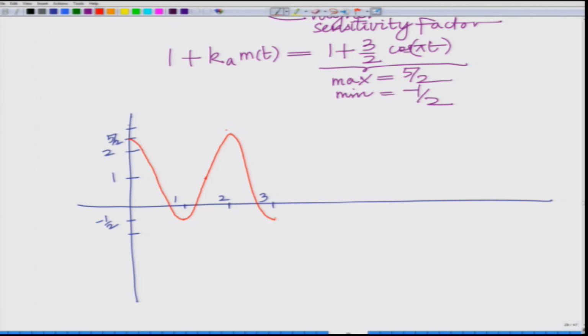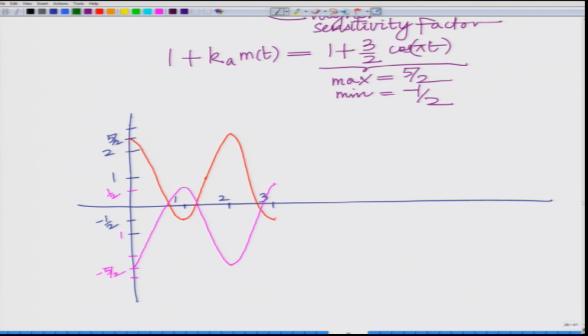Right, and of course, if I draw the mirror image of this, the mirror image will be between minus 5 by 2 and half. So, the mirror image will be something like this.